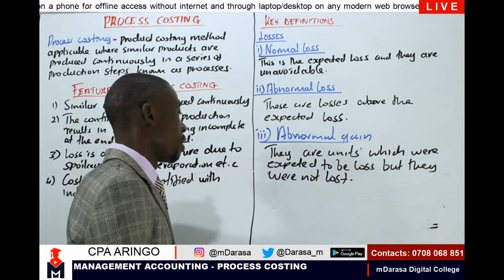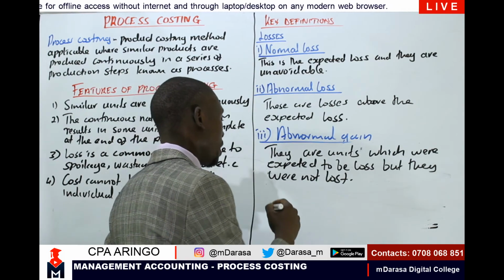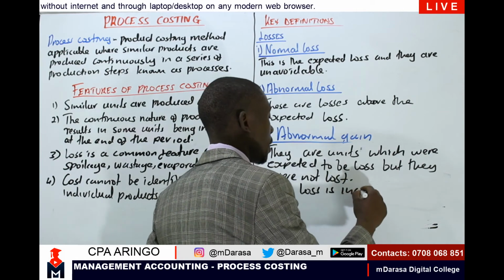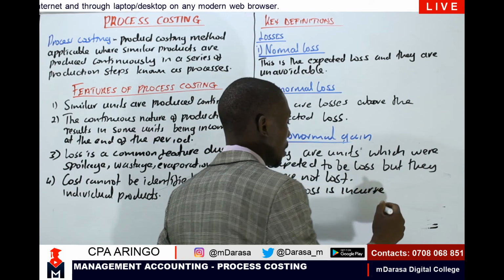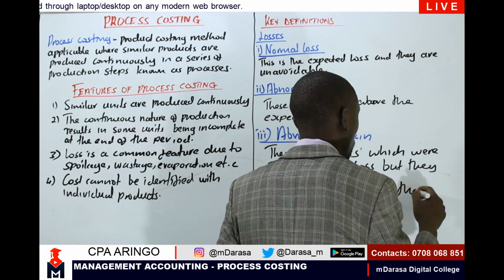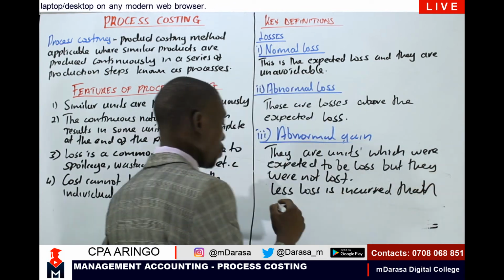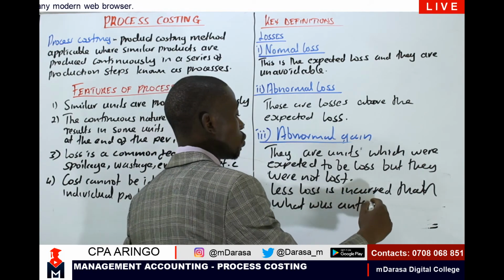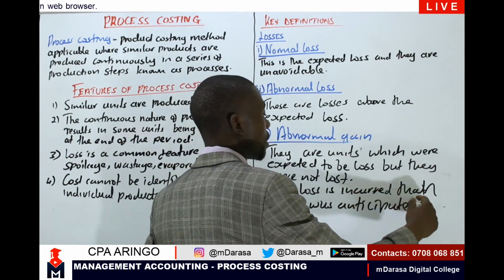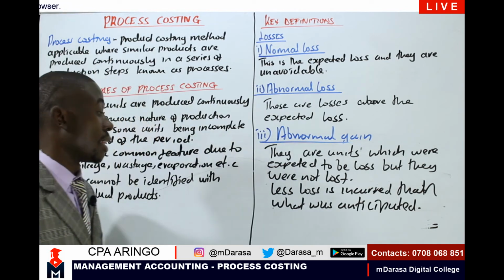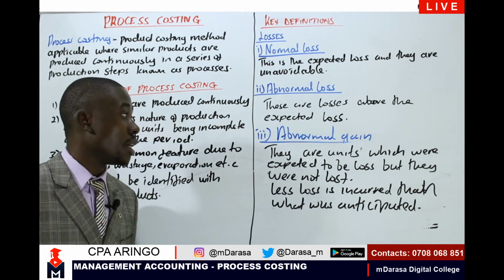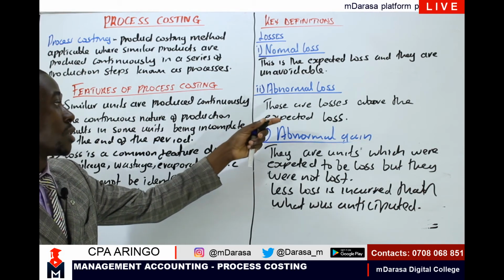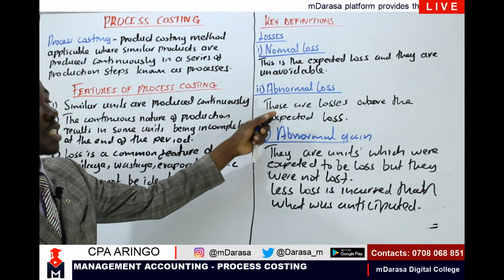So we are talking of less loss is incurred than what was anticipated or expected. Whereas in this case you are saying more loss is incurred compared to what was anticipated.